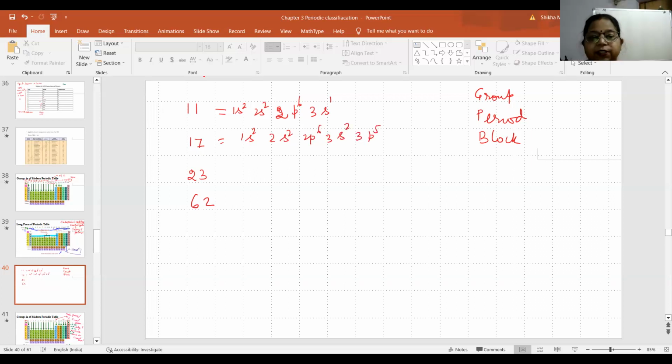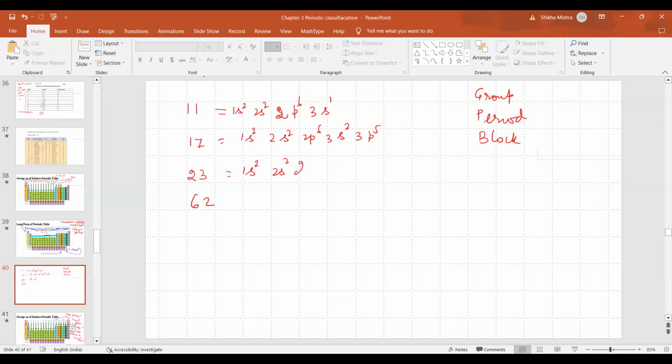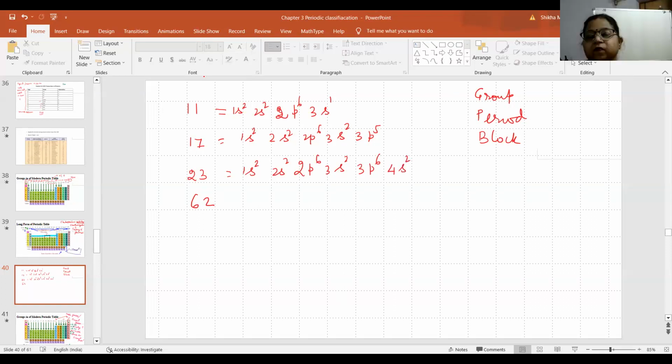Now, Shweta, 23. 1s2, 2s2, 2p6, 3s2, 3p6, 4s2, and 3d3. Correct.